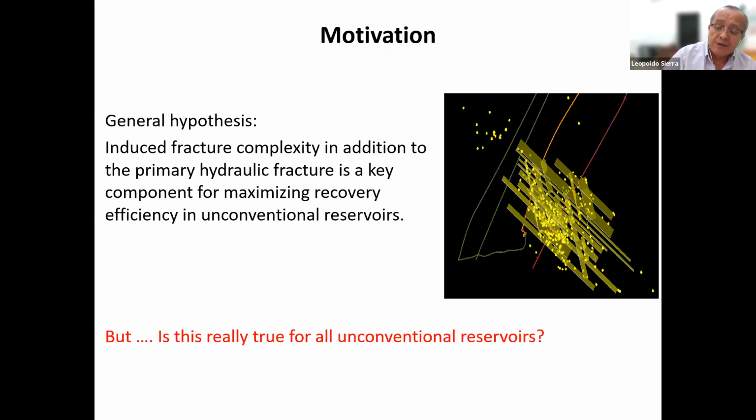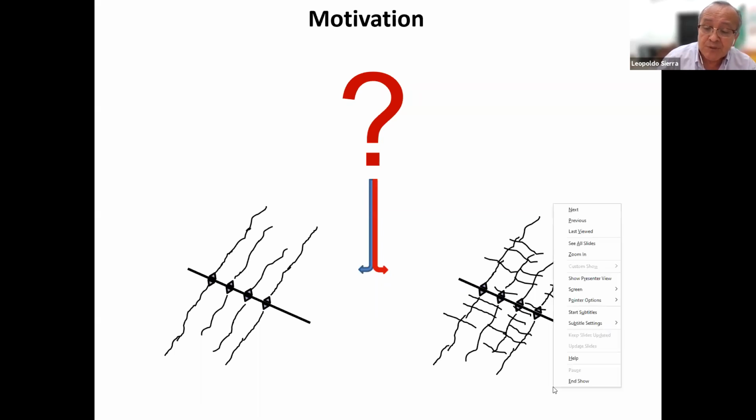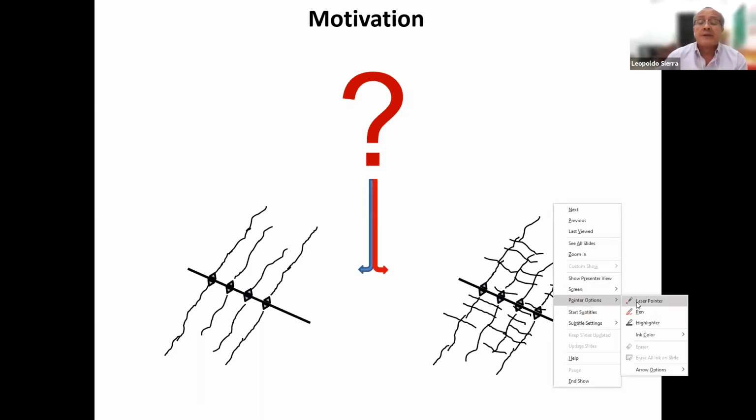reservoirs. And if I show you this cartoon and ask a question regarding the type of fracture geometry you would prefer, especially when dealing with unconventional reservoirs, let me use my pointer.